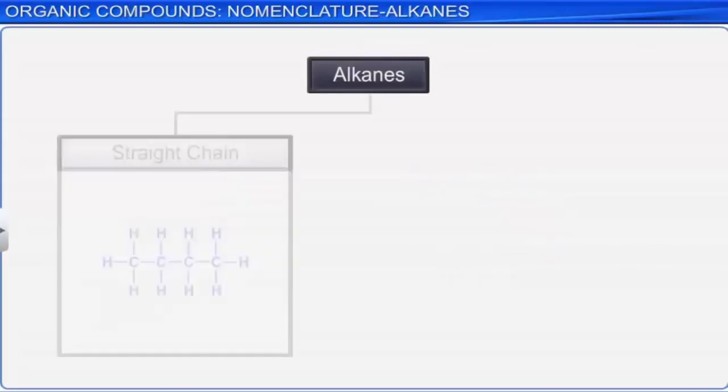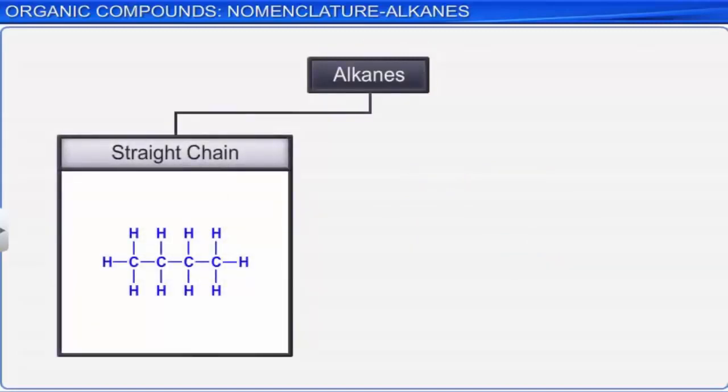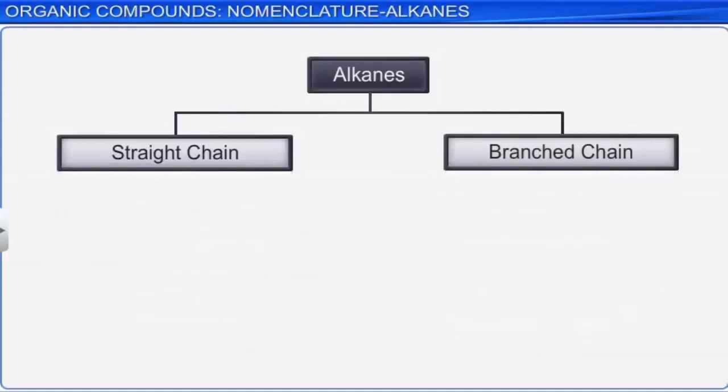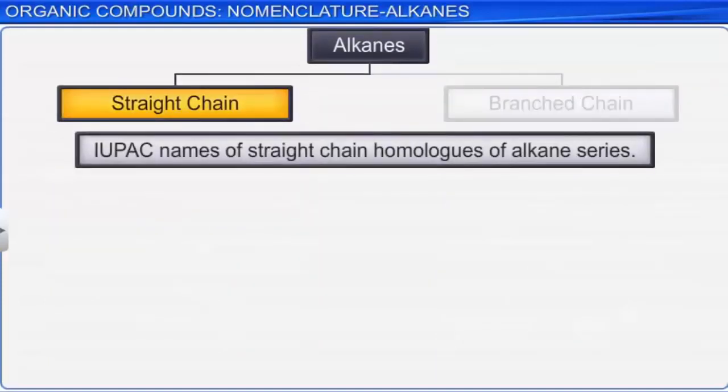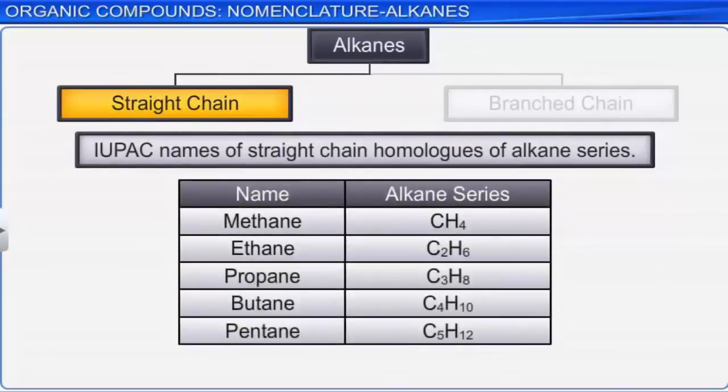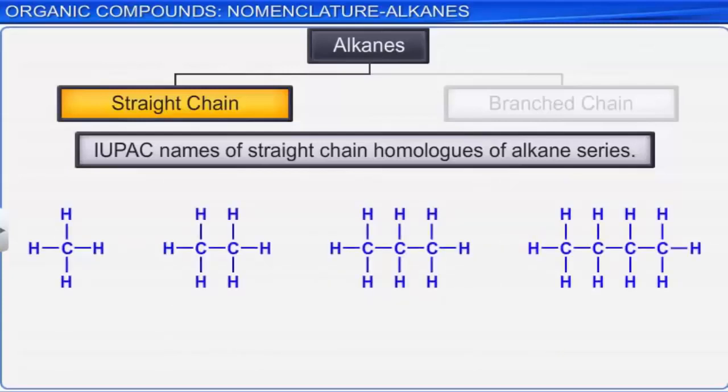Alkanes can be straight chain alkanes or branched chain alkanes. Let's look at the IUPAC names of certain straight chain homologs of alkane series. The IUPAC name of an alkane having 1 carbon atom is methane. The IUPAC name of an alkane having 2 carbon atoms is ethane.